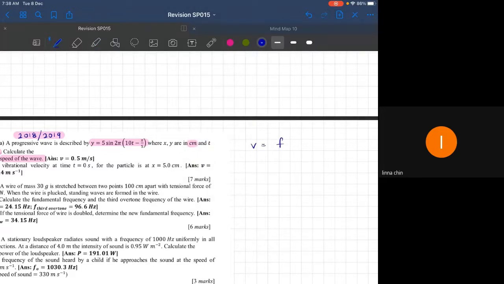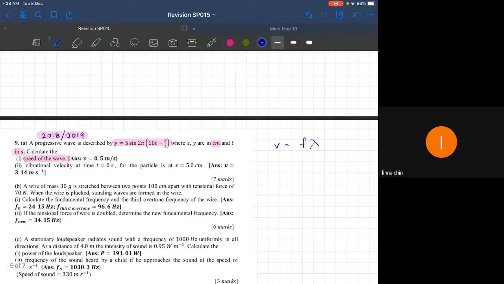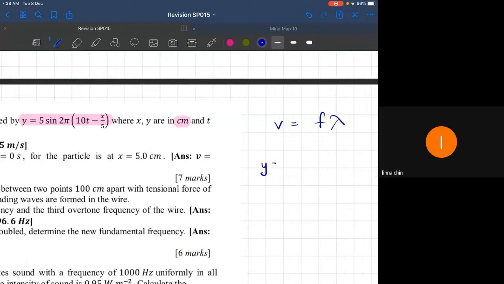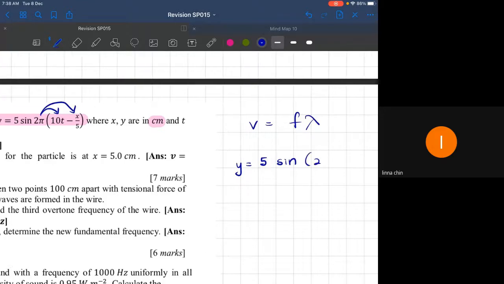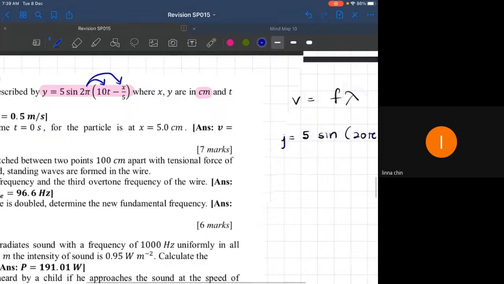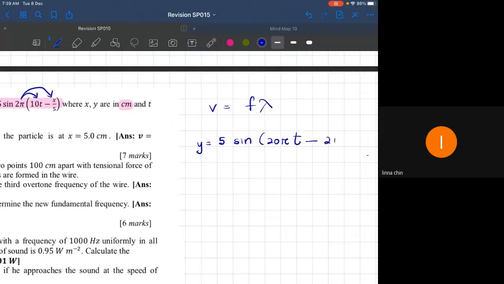F lambda. Okay, so sekarang ni kita boleh dapat F dengan lambda ni daripada wave equation ni kan. So, Miss nak expand equation ni. Y equals to 5 sin. So, ni darab expand. So, 2 darab 10 kamu akan dapat 20 pi T minus 2 pi over 5 X. So ni adalah equation wave kita, ataupun dia punya genre adalah Y equals to A sin omega T minus KX.